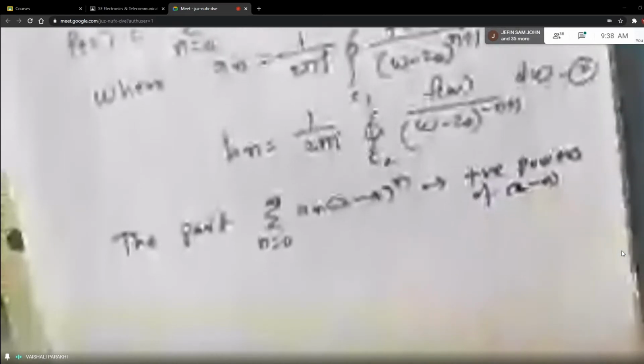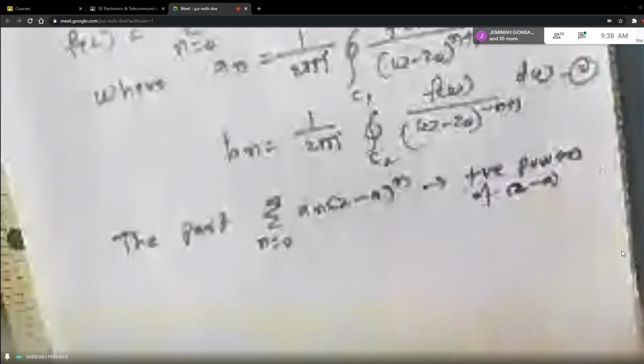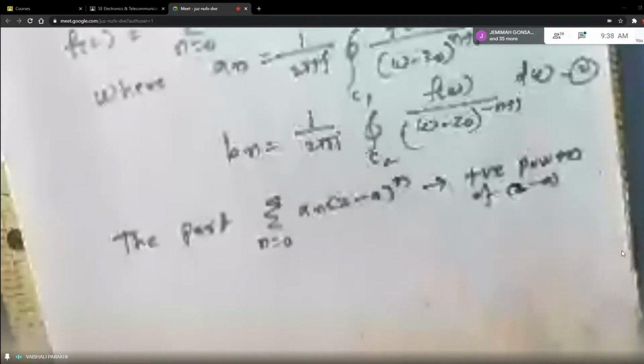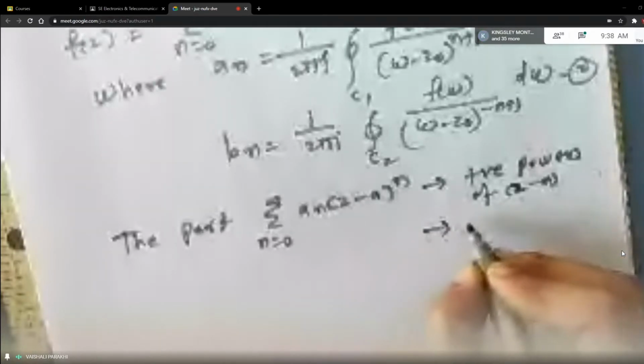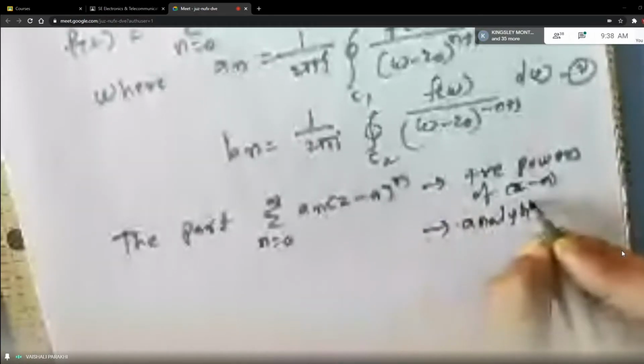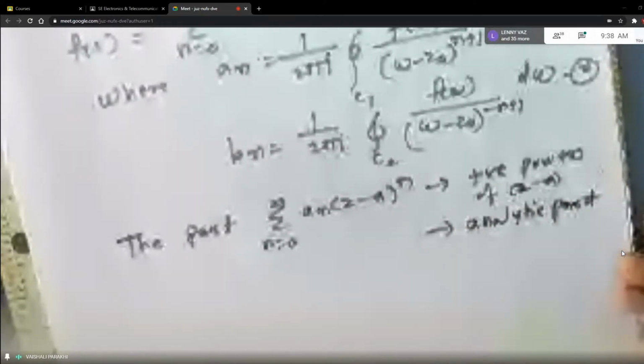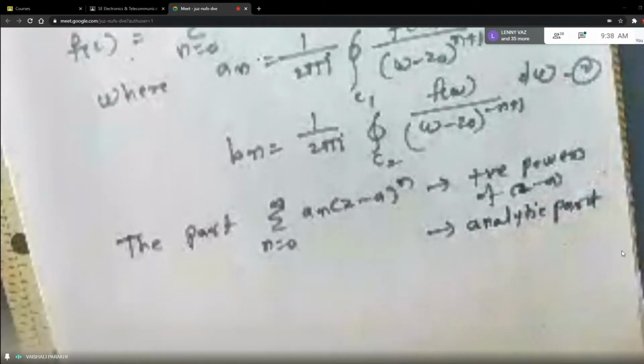So these are positive powers of z minus a. Remember these things while solving problems. This part is called the analytic part, or some books call it the regular part also.